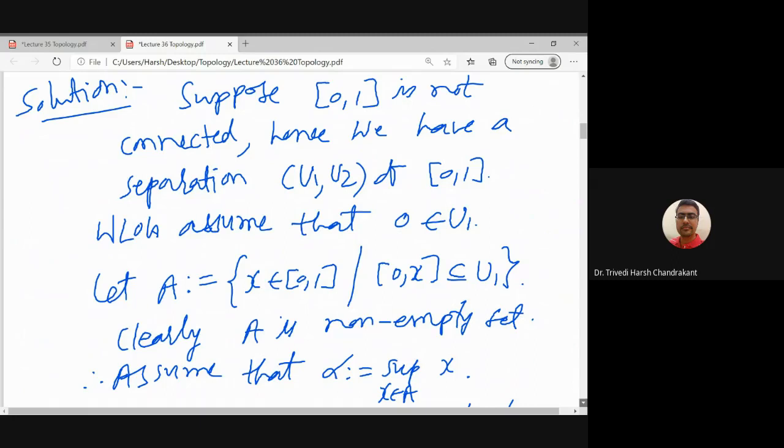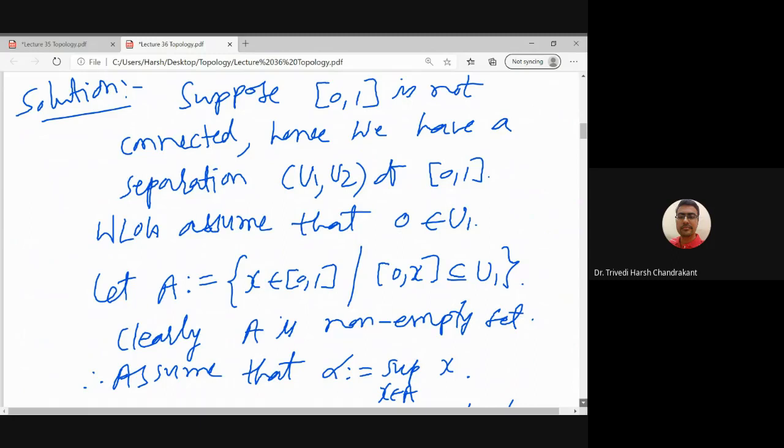So clearly A is a non-empty set, because if A is an empty set, then we get a contradiction, because that will give us that only singleton 0 belongs to u1, and no other point belongs to u1. So that is a contradiction, because u1 and u2 is a separation of the closed interval 0, 1.